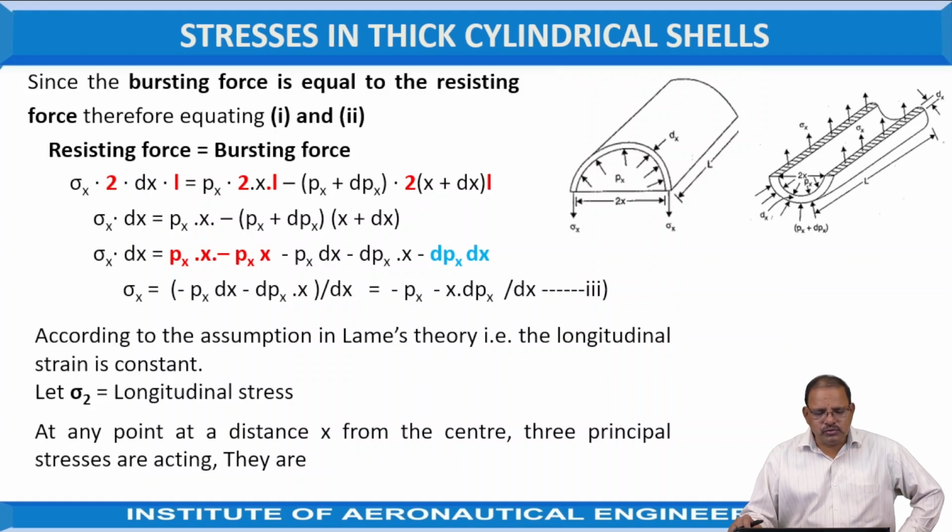Hence, equating these two equations, we get sigma x into 2 into dx into L is equal to Px into 2 into x into L minus Px plus dPx into 2 into x plus dx into L. In these equations, 2 is a coefficient and L, the length, remains constant, so just remove these terms.